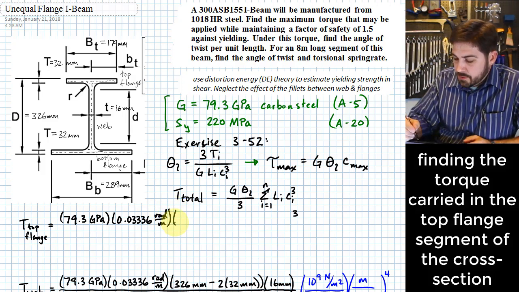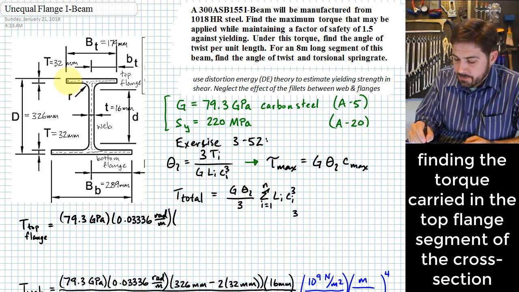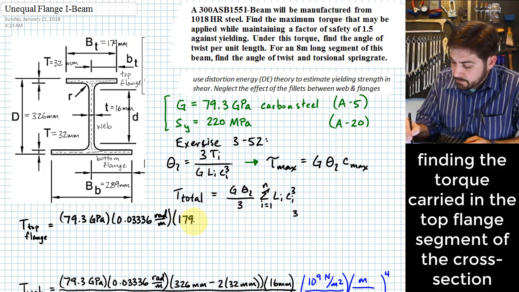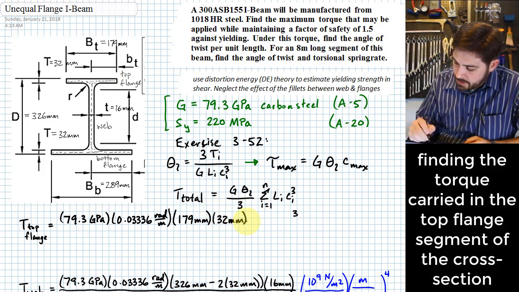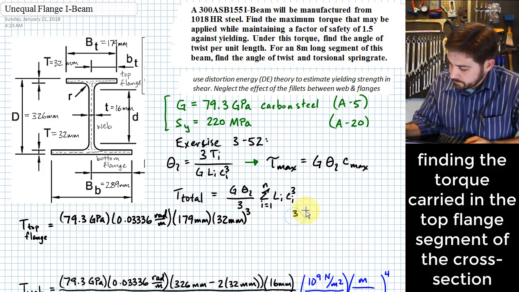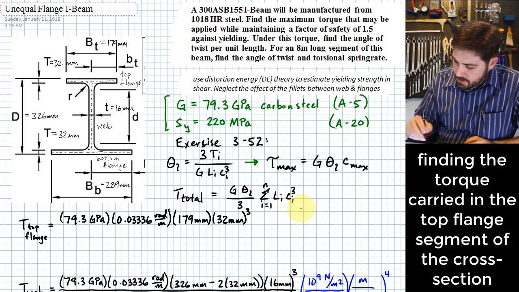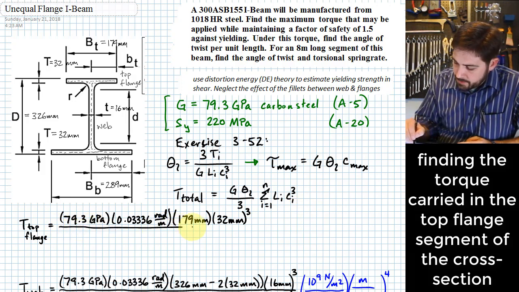In this case, we don't have to do anything special with the length, because the length of that top flange is really just that value of 179 millimeters. And then the thickness of that top flange is 32 millimeters, and that thickness is taken to the 3rd power. All of this gets divided by 3.